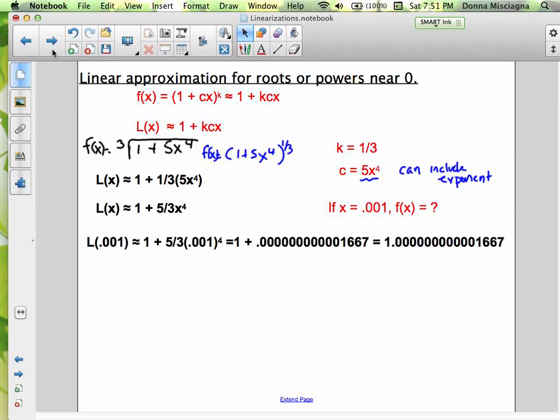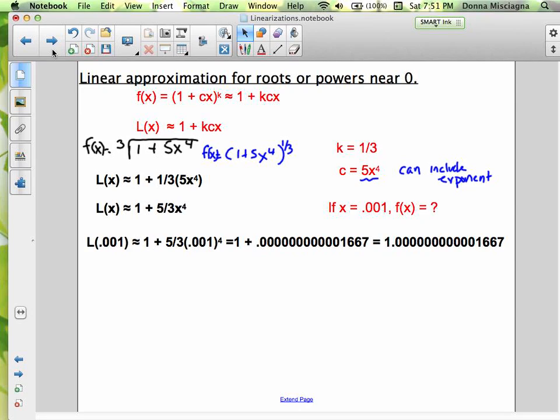If that's what our function is like, we can approximate this using the equation 1 plus kcx, where k is the exponent and c is the coefficient. And if your x has an exponent, include that along with it. So now we don't just have the 5. If that was 5x, we just have 5. But since it's 5x to the 4th, we're going to have 5x to the 4th.